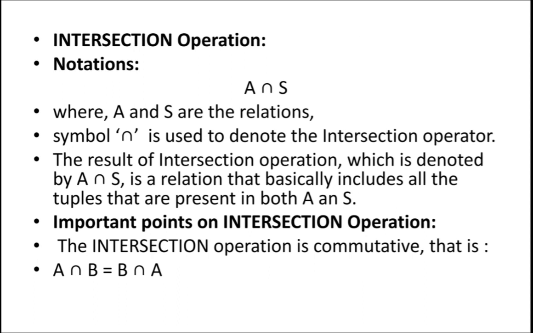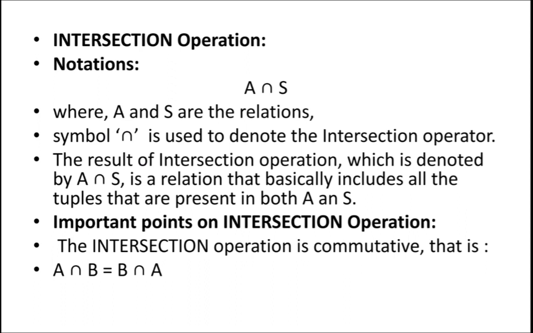As you all know, R and S are relations, are tables. The intersection symbol is this one, an upside-down U, that is a reverse U, used to denote the intersection operator. The result of the intersection operation is the tuples that should be present in both the tables.